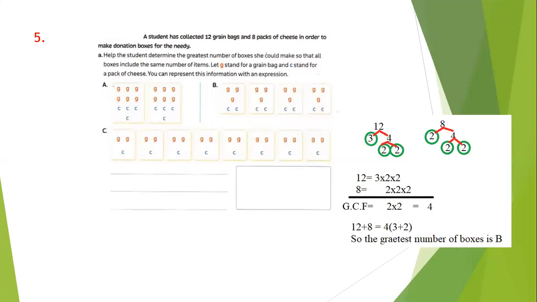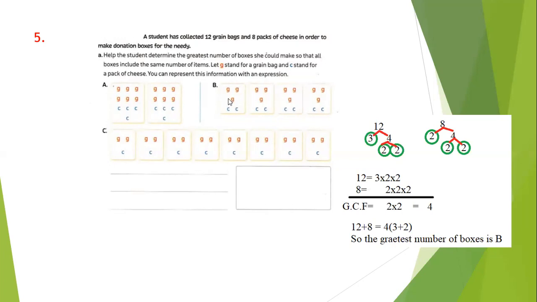A student has collected 12 grain bags and 8 packs of cheese in order to make donation boxes for the needy. Okay, I have some bags. In the first bag, I have 1, 2, 3, 4, 5, 6 G and 4 C. In B, how many groups of this bag? 1, 2, 3, 4.